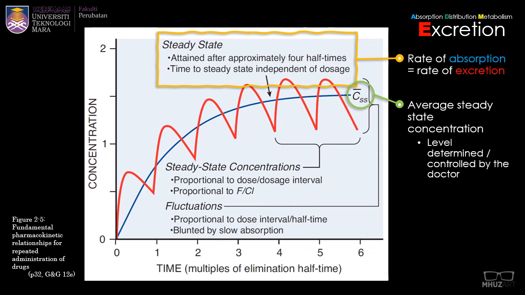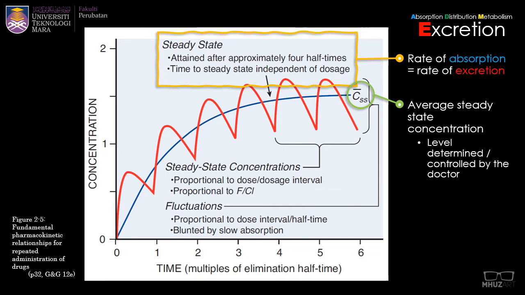So the average is obtained by averaging, or by taking the peak and the trough levels of the plasma concentration versus time curve. Okay, don't worry too much about steady state concentration at this point for this lecture, as I will go into much more detail about steady state concentration in the next lecture.